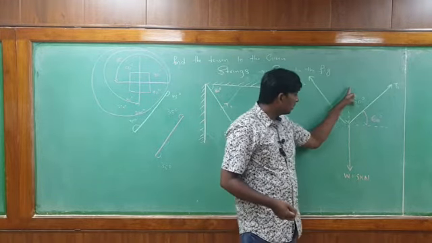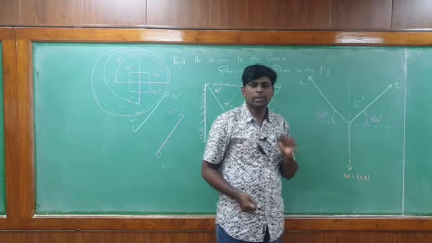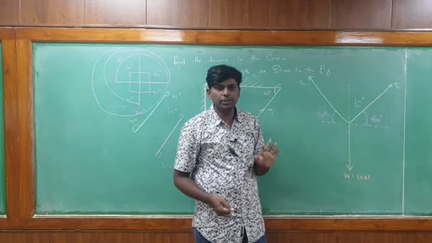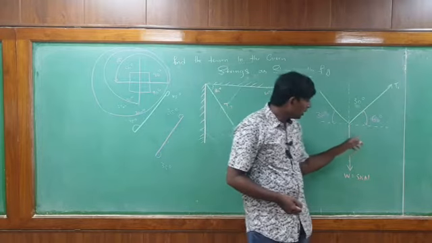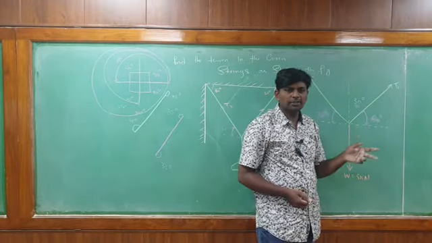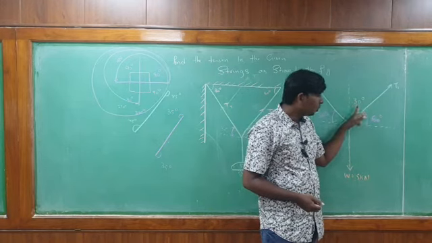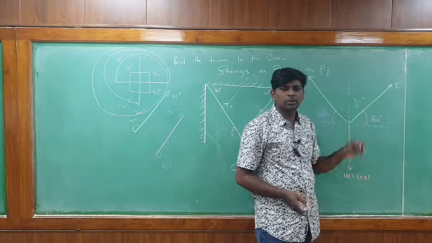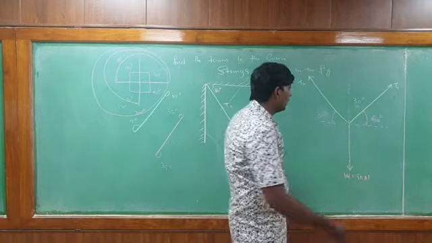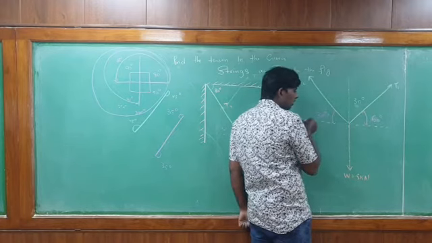As you can see from this side to this side, the total is 90. From 90, how much does he occupy? 60. 90 minus 60 will be 30. So, I can say that this angle is equal to how much? 30 degree.